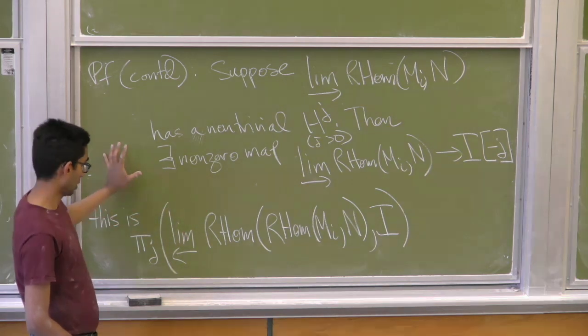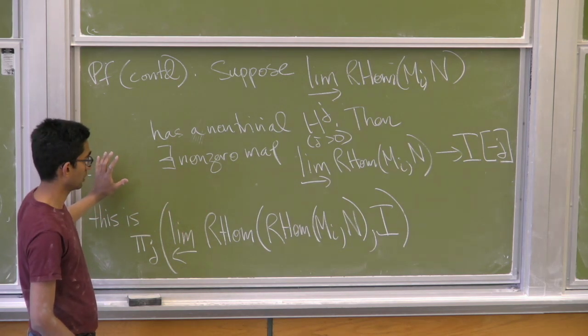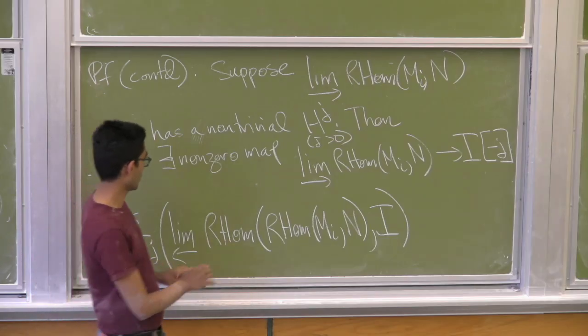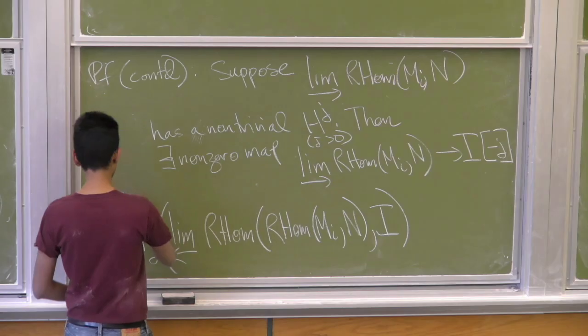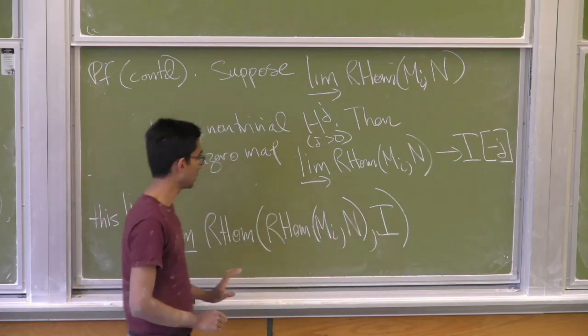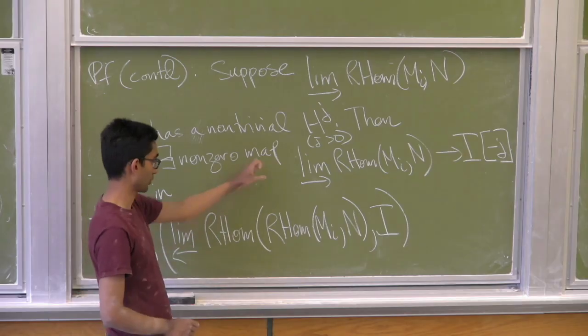And so there's a non-zero map, and this lives in this group, just turning the maps out of a colimit into a limit.